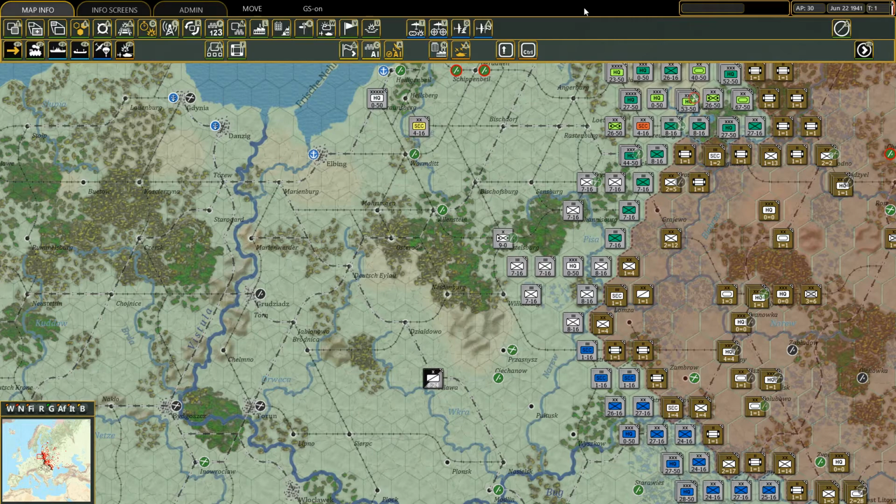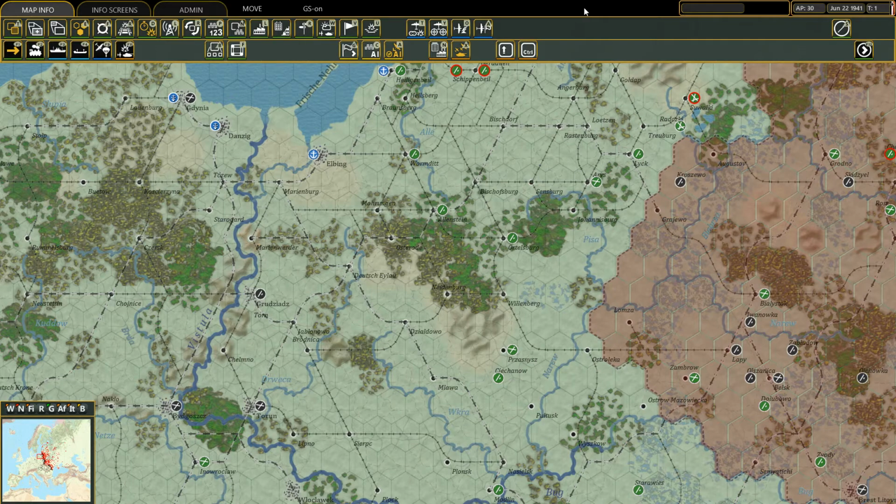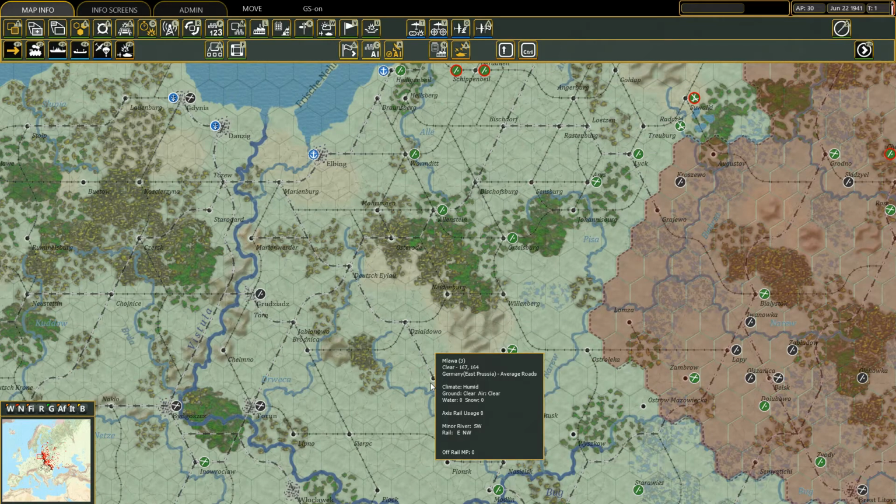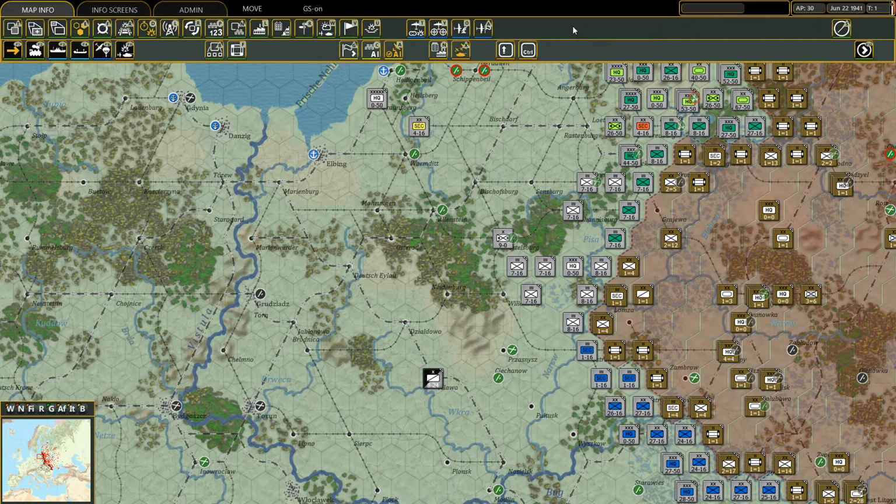Like if, for instance, I hide all the units by pressing a button that I will talk about in the next episode, you see that now I don't see anymore the information about the unit present here. So you can really play around with the map modes and the hexes to filter the information that you want to see.